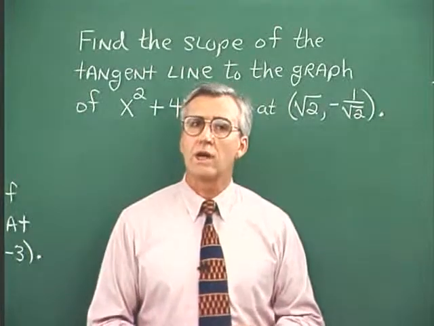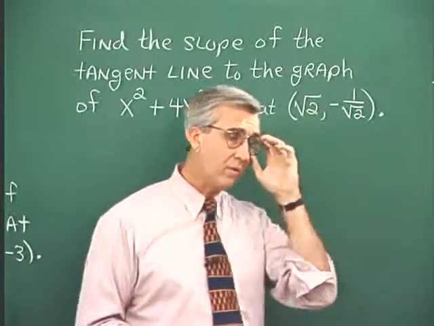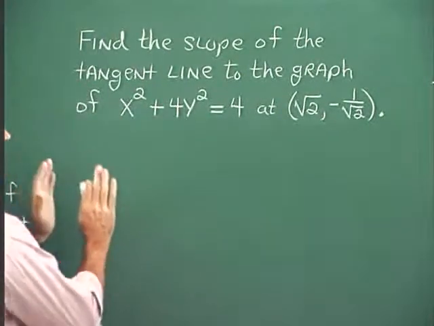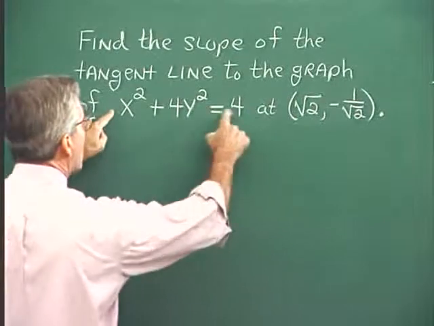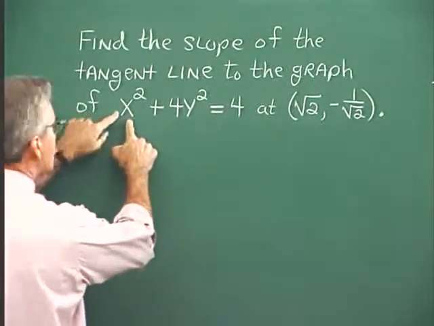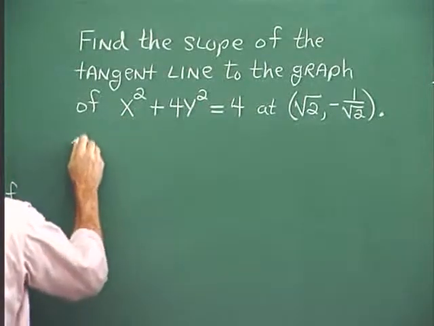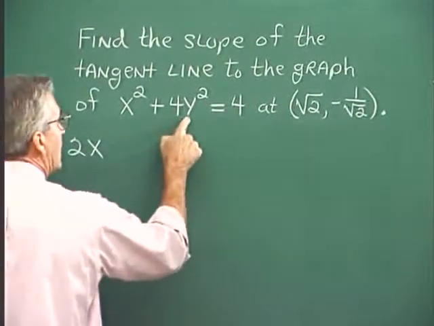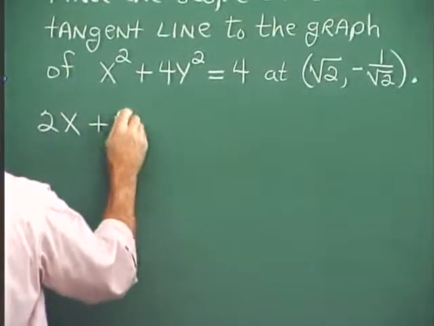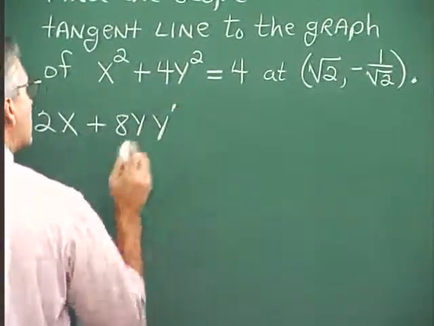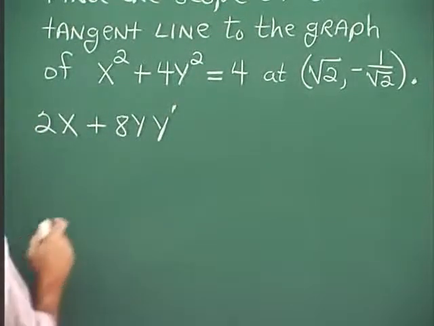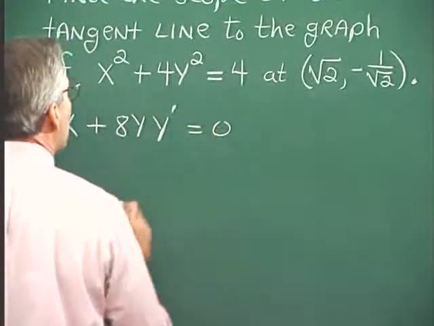The first way, let's go ahead and do it implicitly, the way that we might be expected to do it in this section. So implicitly, we would get right to the matter of differentiation. And differentiating implicitly means we just attack every term. Attacking this term, we would get 2x. And the derivative here, 2 times 4, 8y. But we have to indicate that we're talking about a dy over dx, or a y prime here, and then on the right, 0.